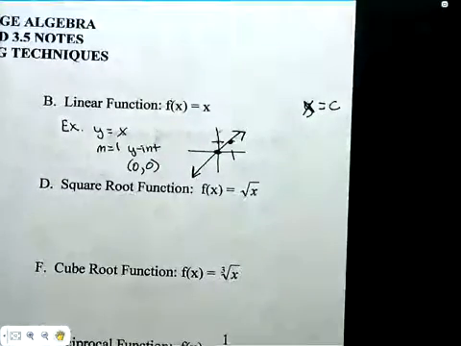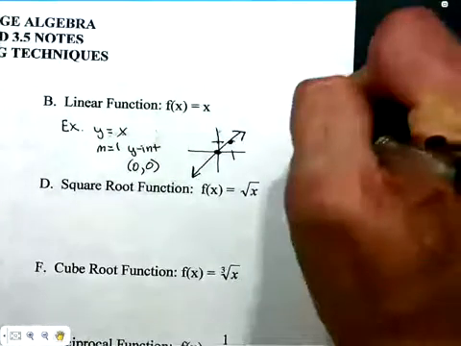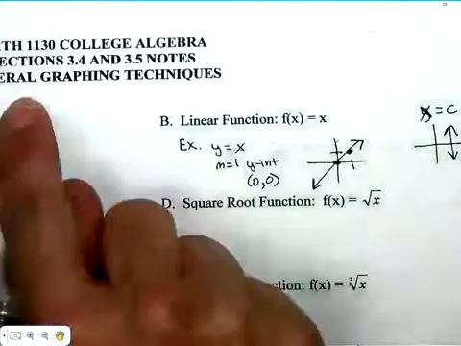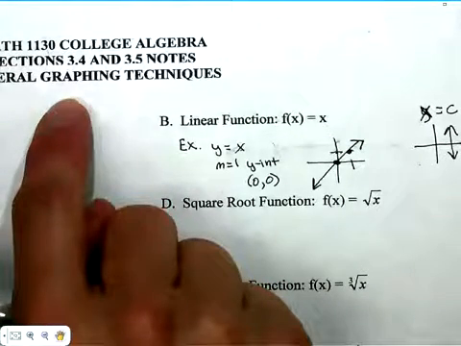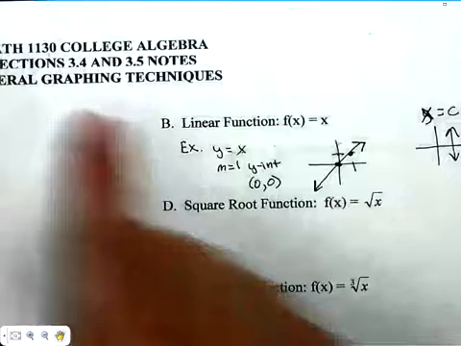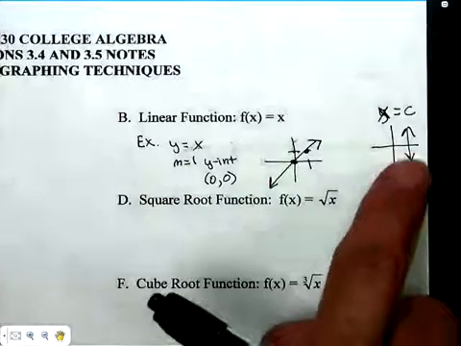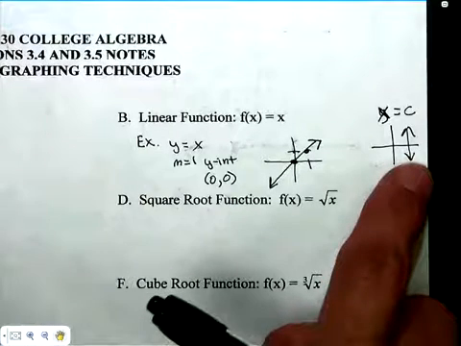A vertical line, you could have one of those on the test, but why will you not have a vertical line in a section that says graphing functions? Because what? Why is it not a function? That line has one x that has infinitely many y's.